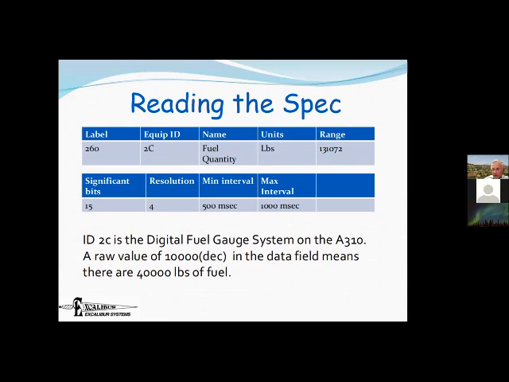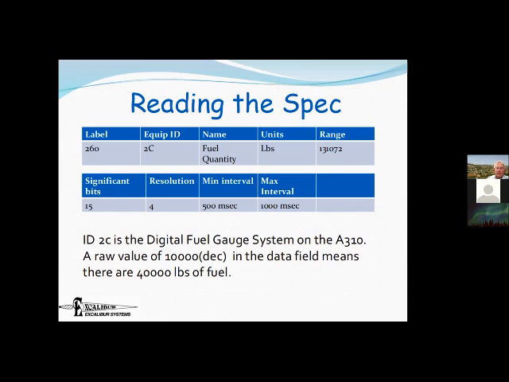A 1 in the raw data means 4 pounds. There is no way to represent 3 pounds, because that's my resolution. And therefore, 32,767 is in fact going to represent 131,000 pounds.